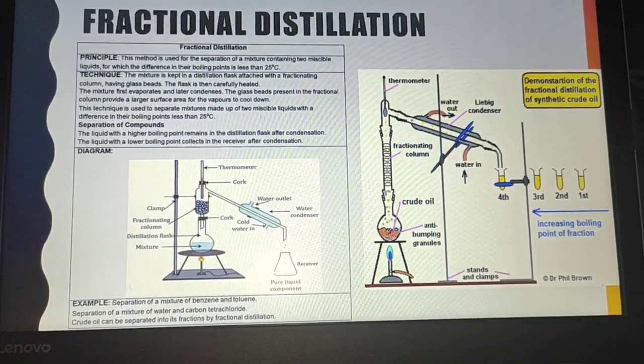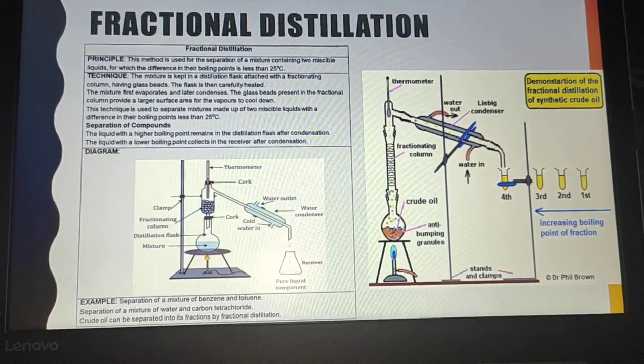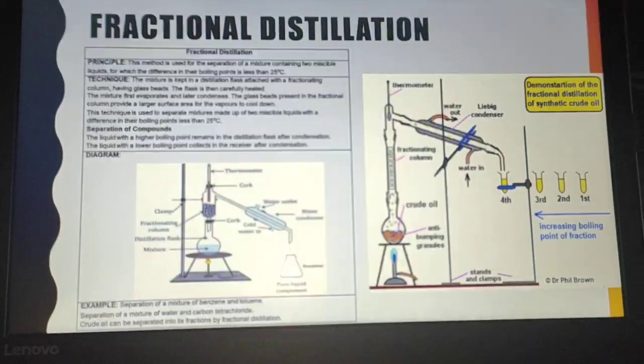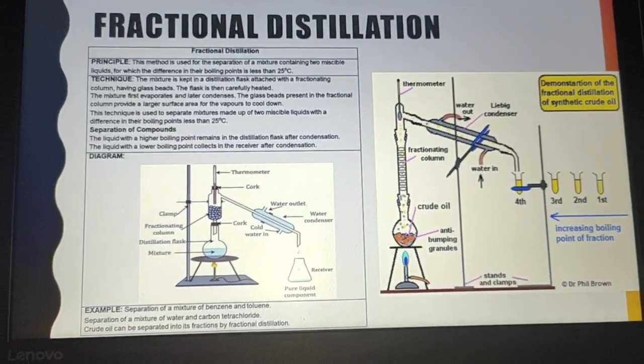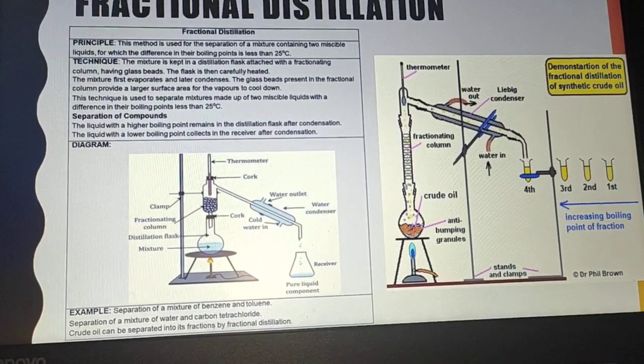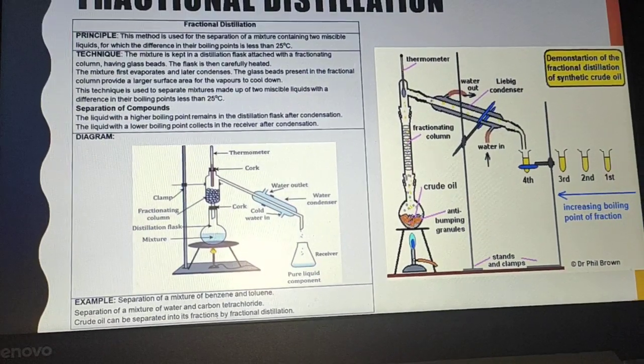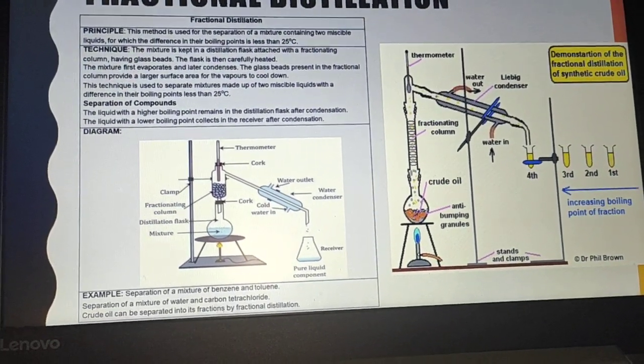Now the technique: the mixture is kept in the distillation flask, with the same procedure and same setup, but there is a difference in the flask that we are using here. The flask is attached with a fractionating column. So one important thing that we have to add in this setup is the fractionating column.